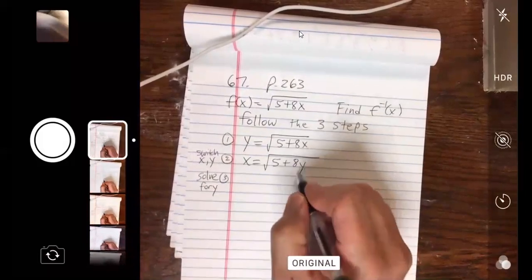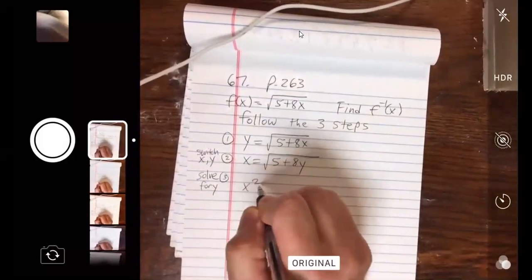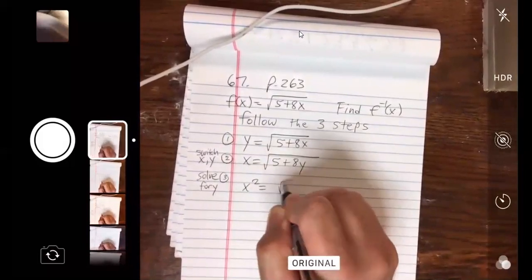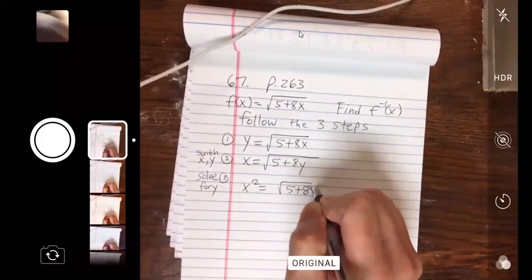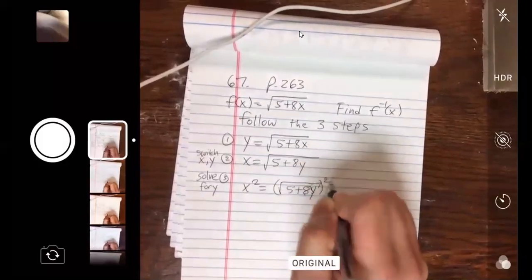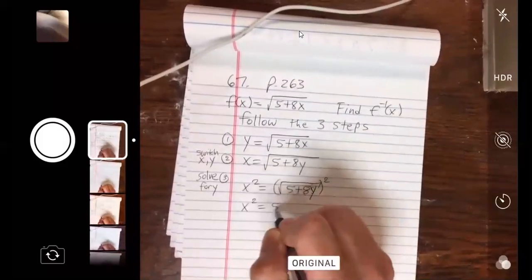All right, so to get the y out, I'll need to get rid of the square root. Square both sides. x squared will equal square root of 5 plus 8y, squared. So x squared will equal 5 plus 8y.